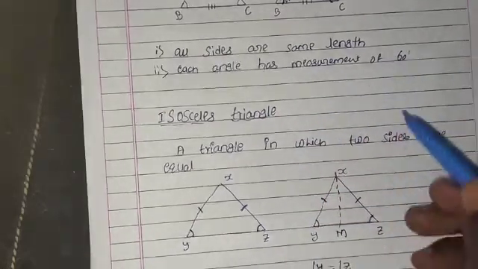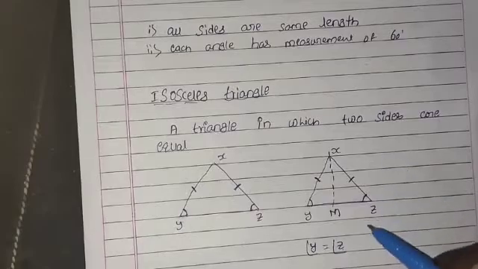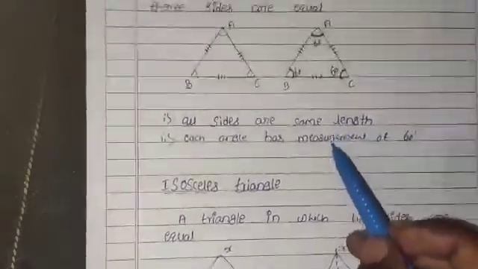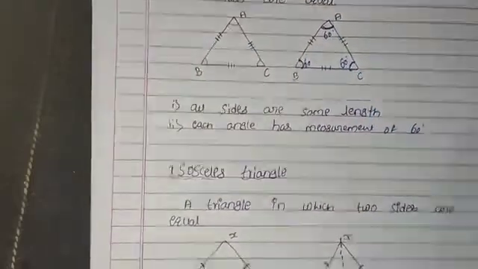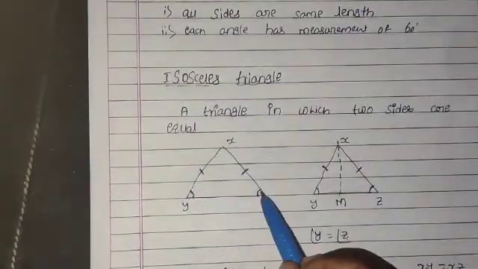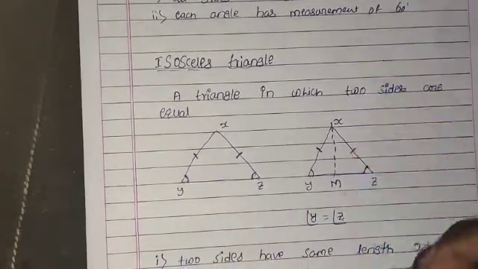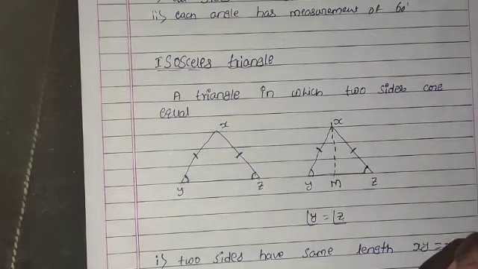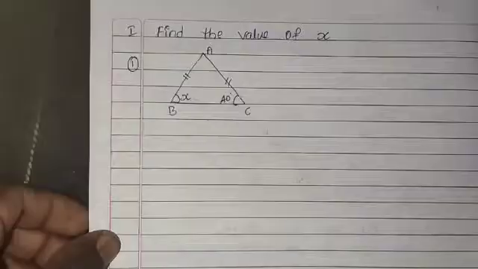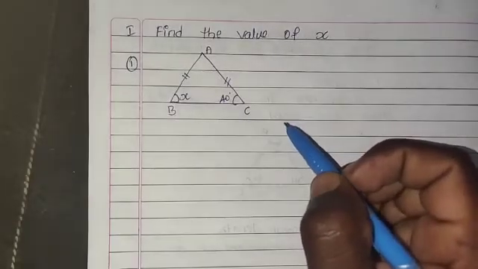Always remember these two points, because while solving problems these two points are very important. In an equilateral triangle, each angle is 60 degrees. In an isosceles triangle, the base angles are equal. Based on these two properties, we can solve the problems.